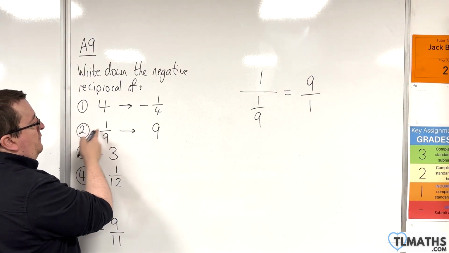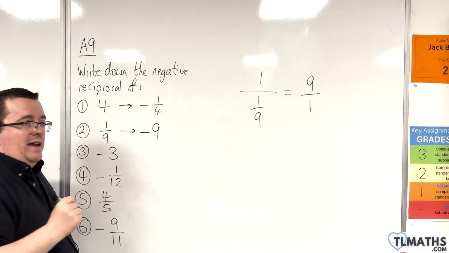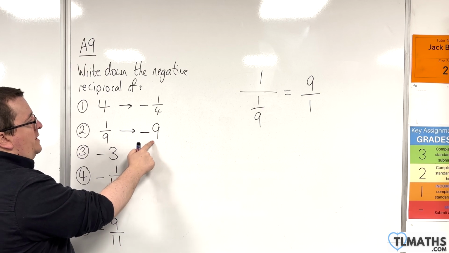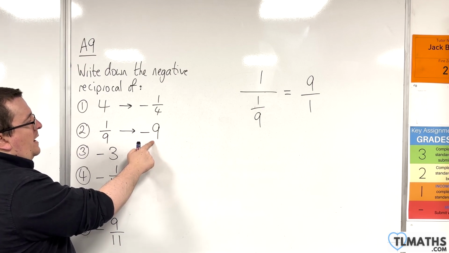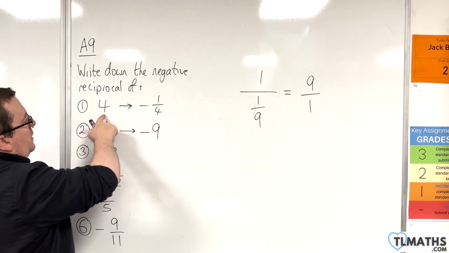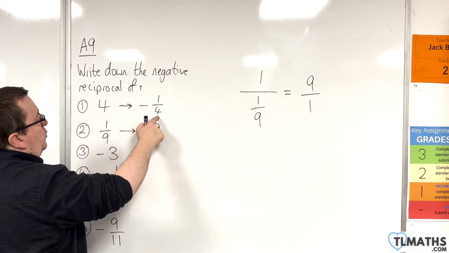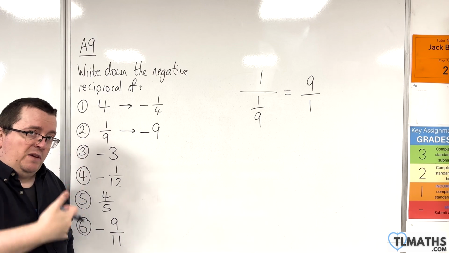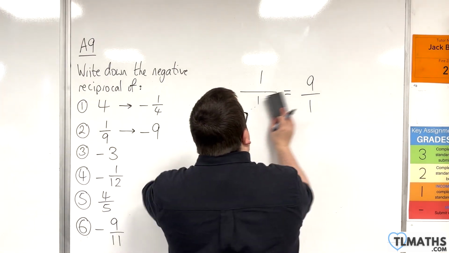This is currently positive, so we change the sign and it becomes negative. So the negative reciprocal of 1/9 is minus 9. Okay, so you can kind of see how these flip over. So 4 becomes 1/4, 1/9 becomes 9. Okay, so that's the reciprocal part, and then we're changing the sign.